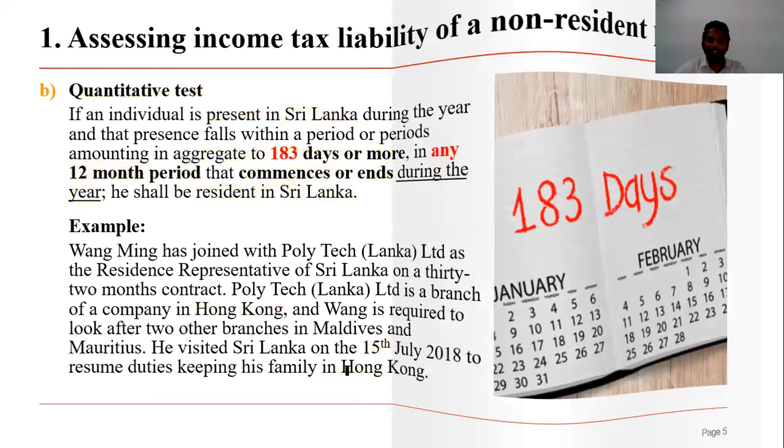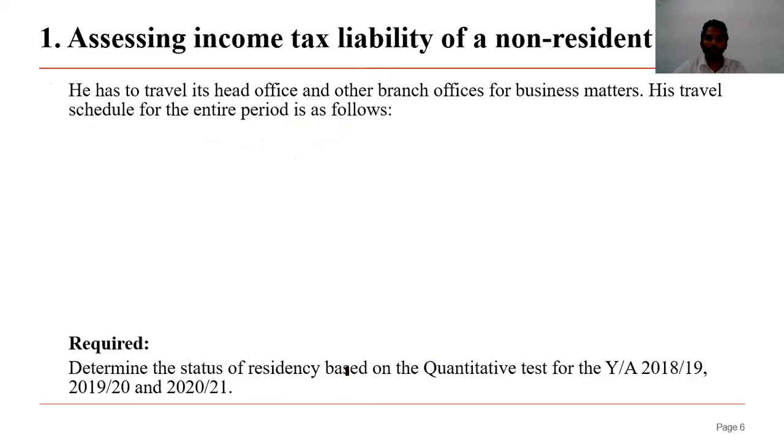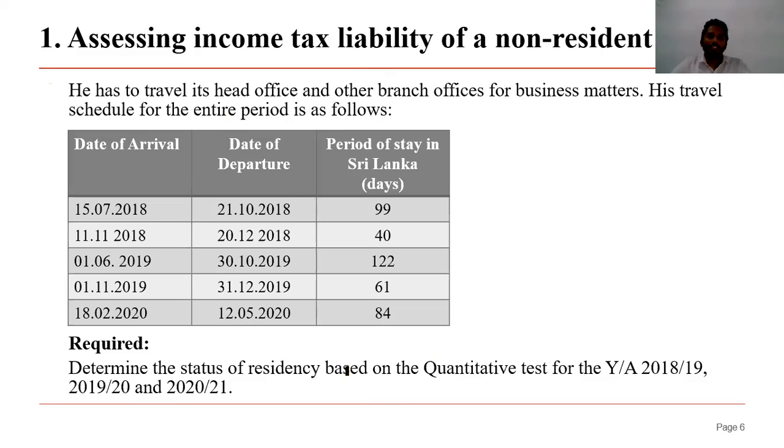So let me explain another thing also. Here he has traveled to the head office and other branch offices for business matters. His travel schedule for the entire period is as follows. You might get this kind of question to determine residency, right?